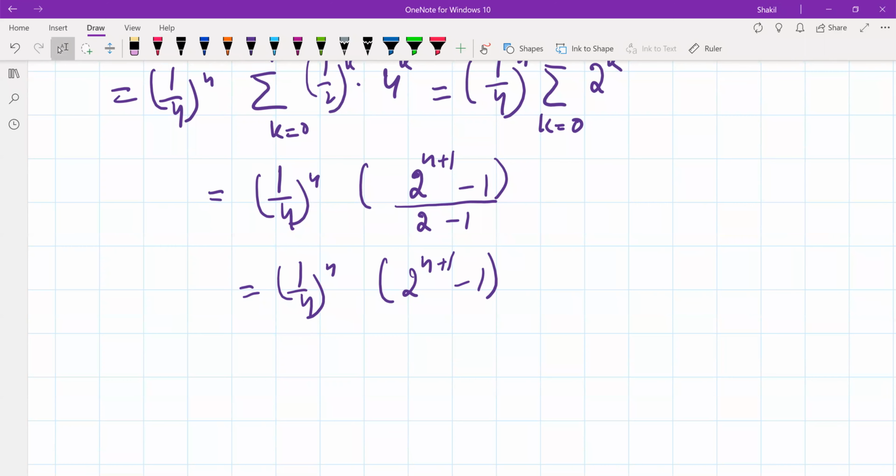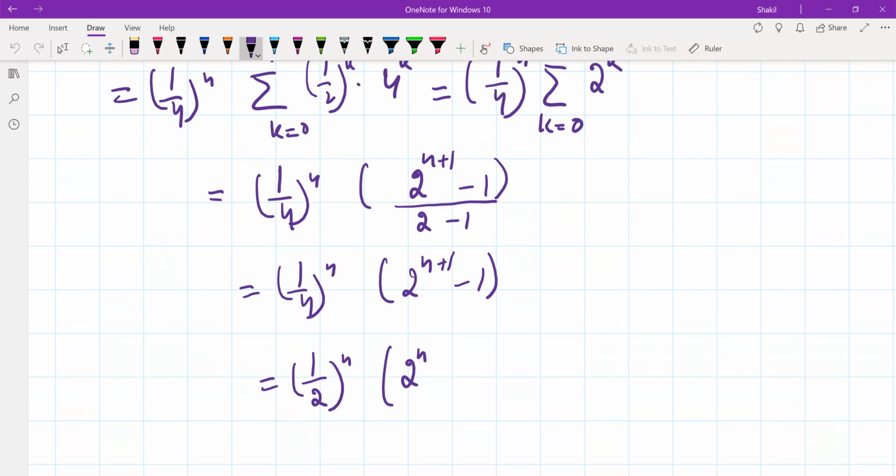Now, how can I simplify this? It will be (1/4)^n, which is (1/2)^n times (1/2)^n. You can keep it like this, or you can simplify it. You can say this will be (1/2)^n, and if you take this outside, it will be 2^n.